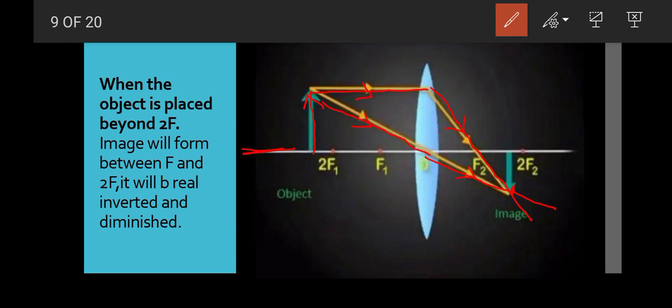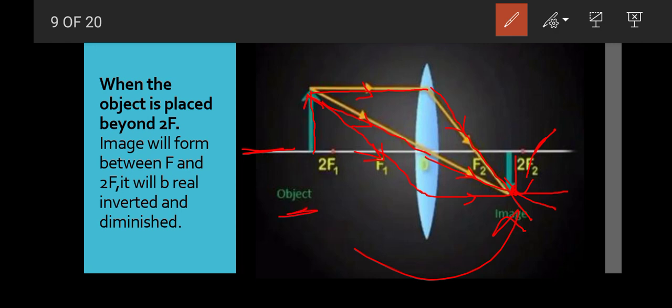Third ray is not drawn here. You can easily draw it according to the rule that it should pass through the principal focus and touch the lens. After refraction, it passes through the same point as the first 2 refracted light rays. So you get the image here. From this you can easily see it is smaller in size. It is present on the right side of the lens.